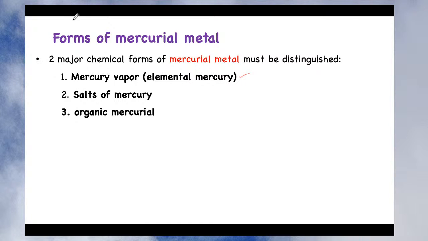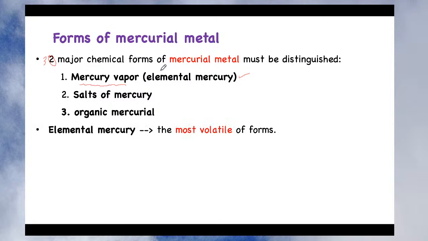So let me correct here. It is not two forms. There are actually three forms of chemical mercury. So there are three major chemical forms of mercurial metals. The important form which produces mercury poisoning is the mercury vapor, which you may be exposed to, and generally it is volatile in nature.